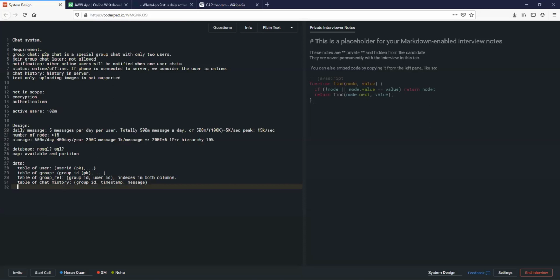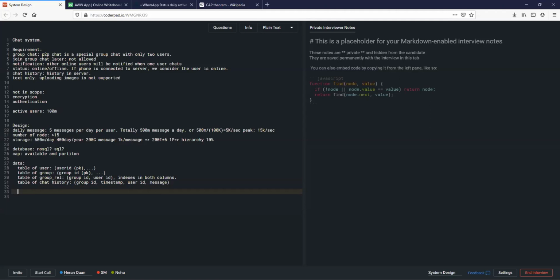And don't we want to store something like who is the sender and receiver of the message? Oh yeah, that's right. The user ID, and there's no receiver because P2P is a special form of the group. So the other person by default will be the receiver. Okay, so the database structure is done.